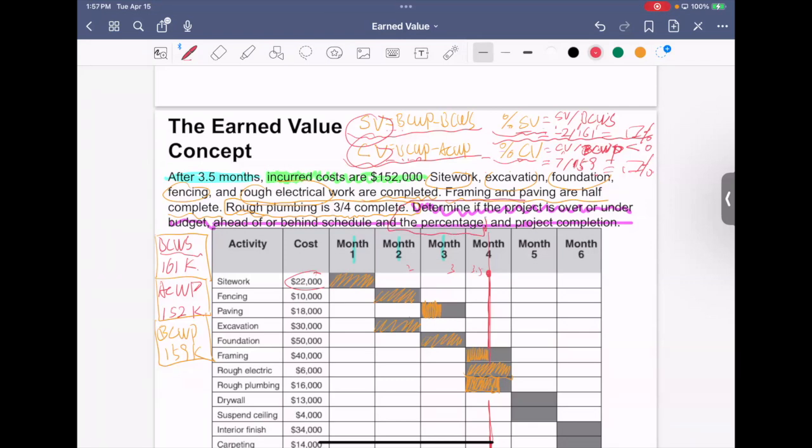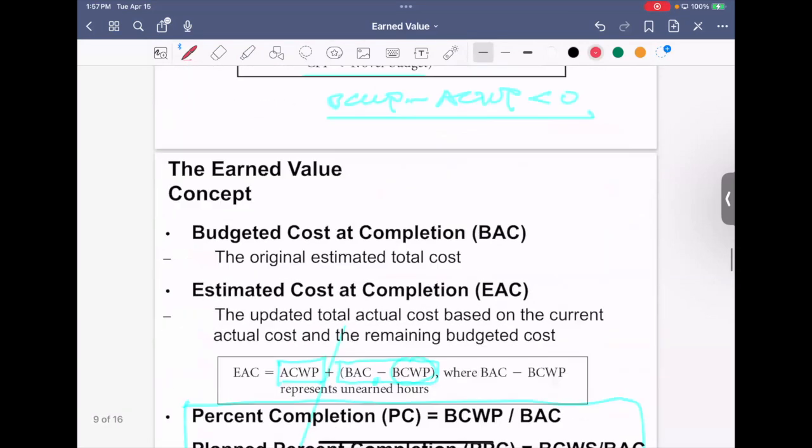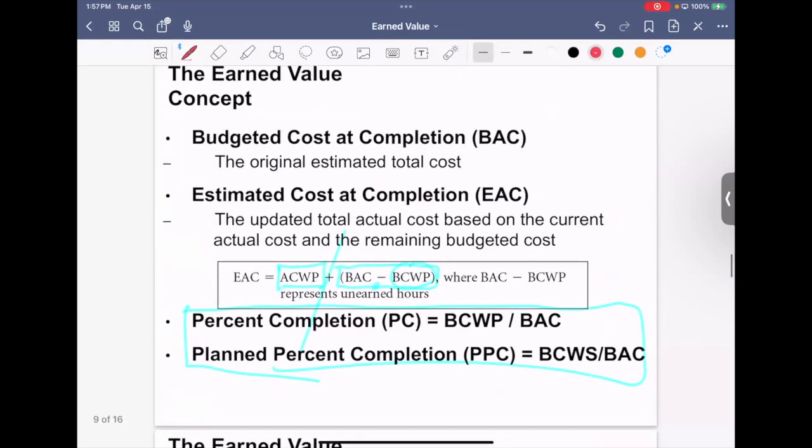You finish those, right? And the next sentence you have here is your project computation. What is project computation? So let's come back to here. Your project computation, PC, is equal to what? It is equal to budget cost of work performed divided by your BAC, right?